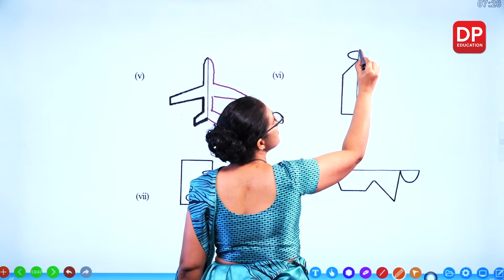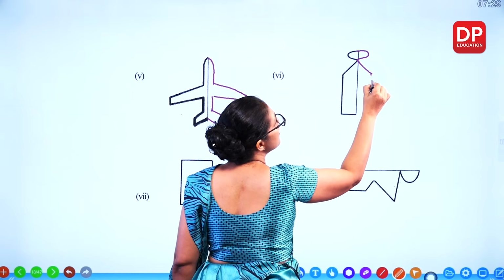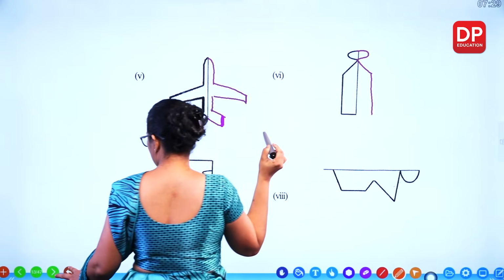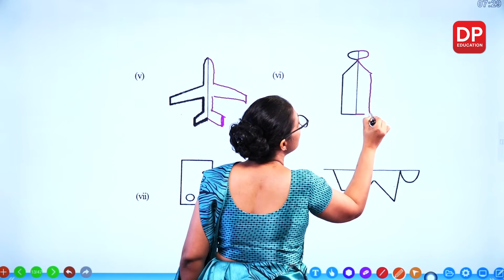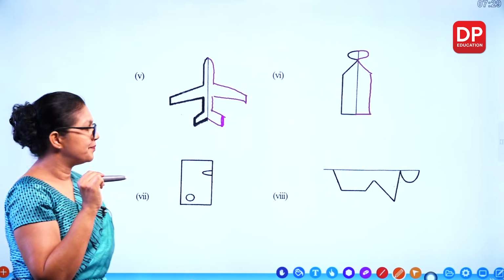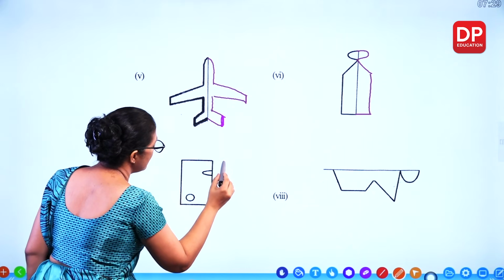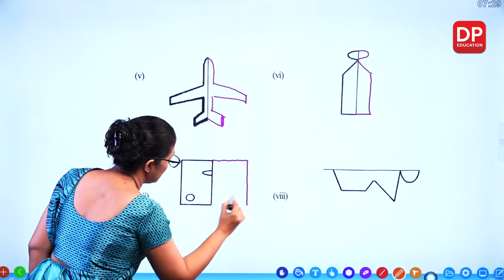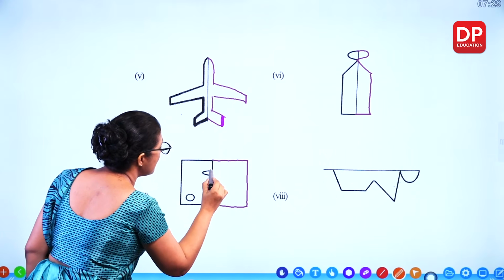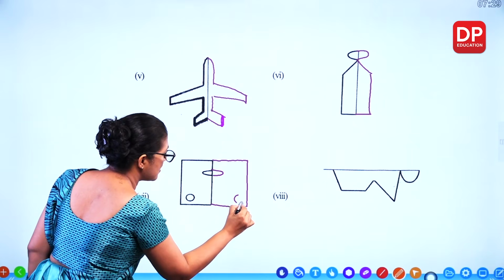Here this one you get something like this here, and draw a vertical line, and then continue. This one, that's a rectangle like this, and then continue this part, and this circle comes here.